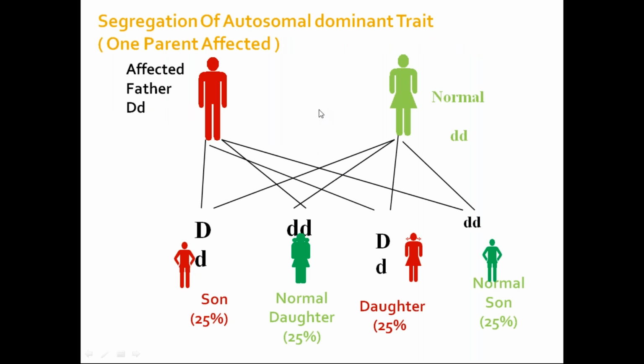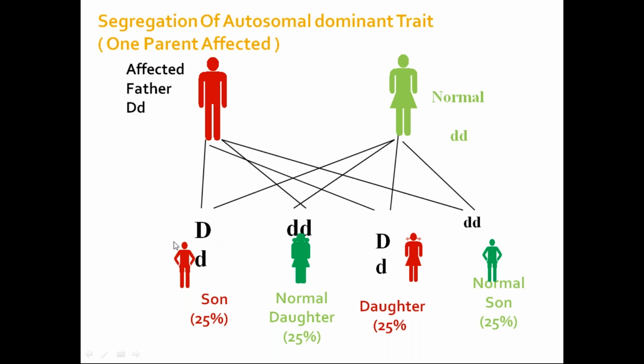See, in this family only the father is affected. The carried genotype is Dd. Here, capital D is the affected gene and small d is normal. They have 4 children, one son and one daughter among them.